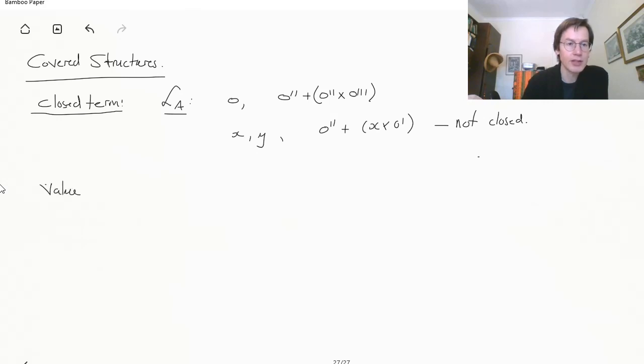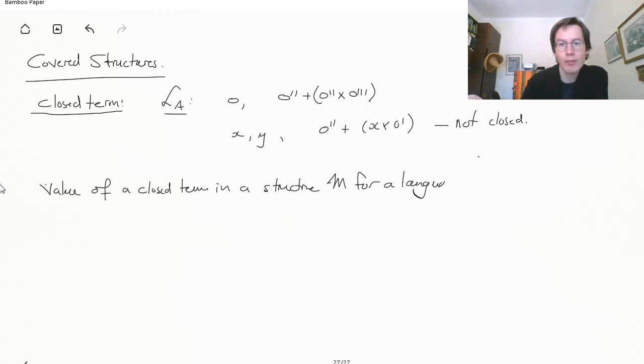in a structure M for a language L. All right, so this captures what you would imagine.